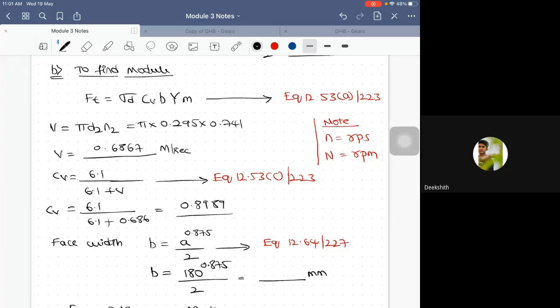Face width is given by equation number 12.64 in page number 227. I tell you, please look into the data handbook and have a habit of taking that particular expression from the data handbook, not by looking at the screen. I have just written it here for your reference. Pick the expression from your data handbook. Take your time. No hurry. If you need, you have to stop me in between.